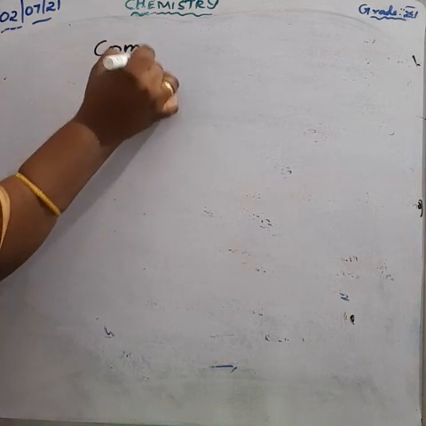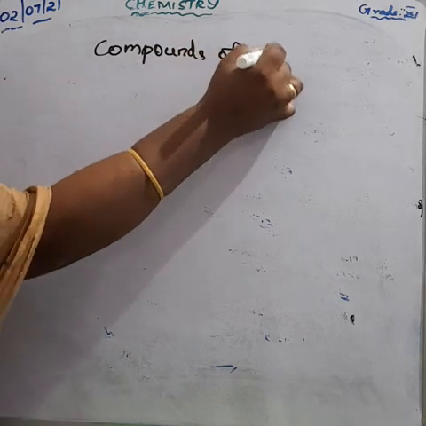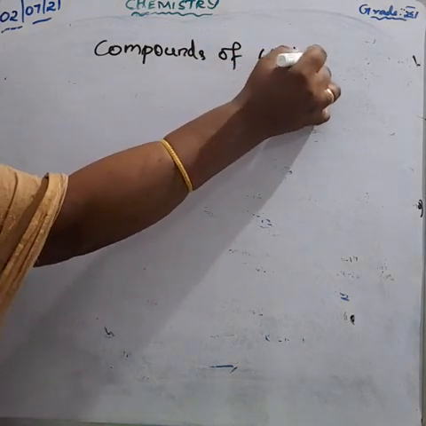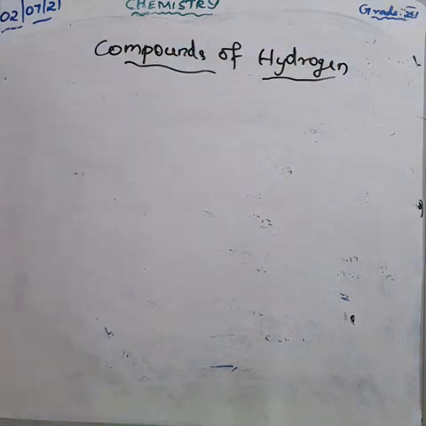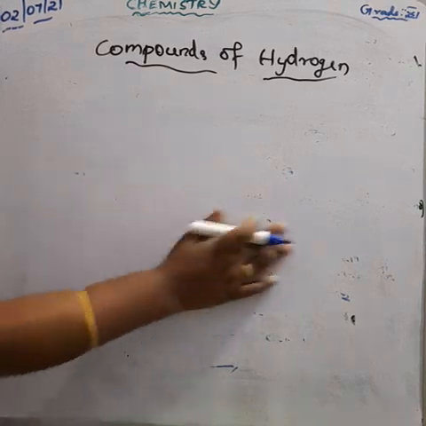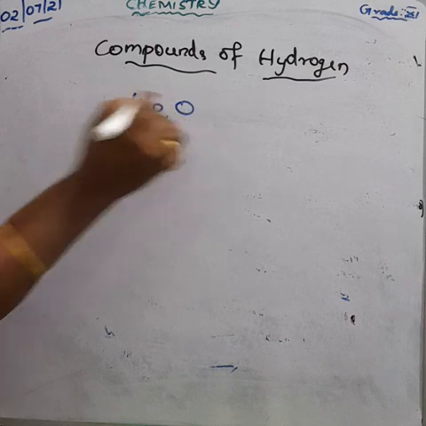Carbohydrate, methane CH4, glucose C6H12O6, fructose, and the sucrose C12H22O11. These are all about the compounds of hydrogen. But today in our topic, the water. Water is one of the compounds of hydrogen.